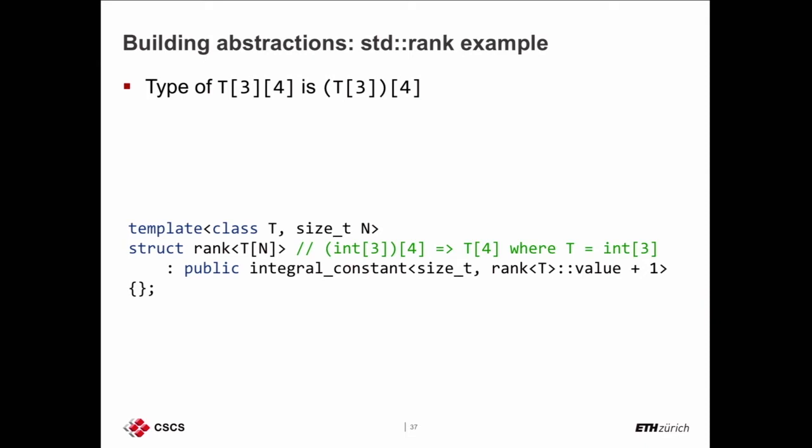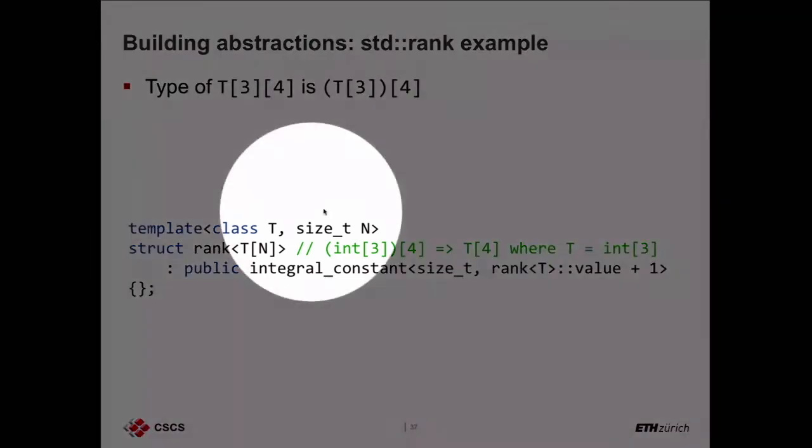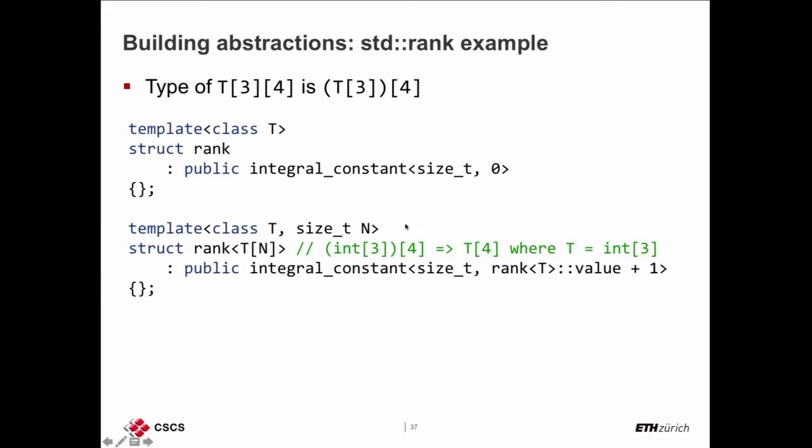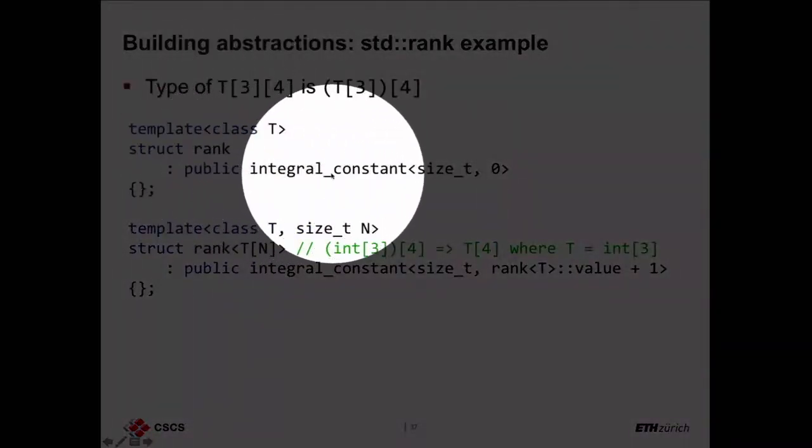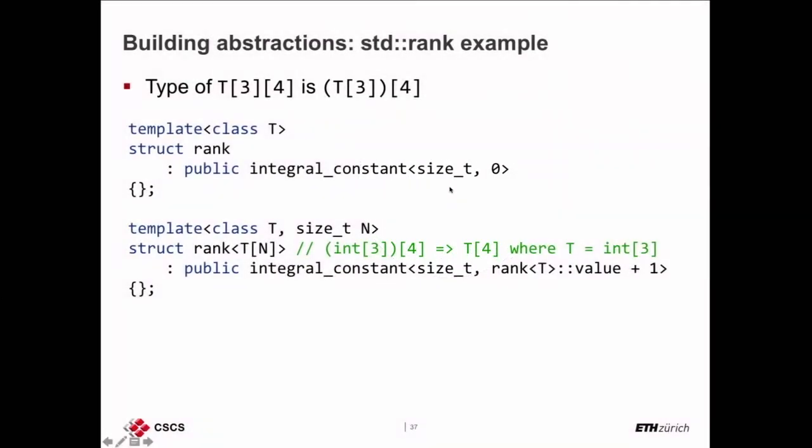And I can implement this using templates. So I have a struct rank, which is basically an integral constant of size_t 0. If I'm passing a simple integer, the rank is 0. A scalar, rank 0. A 1-dimensional array, rank 1.